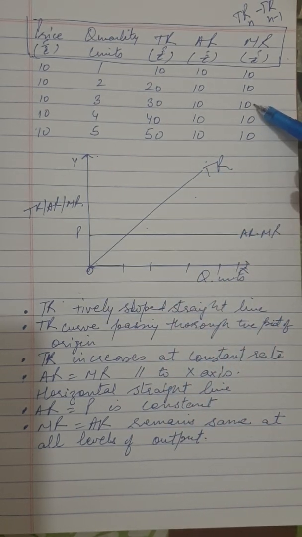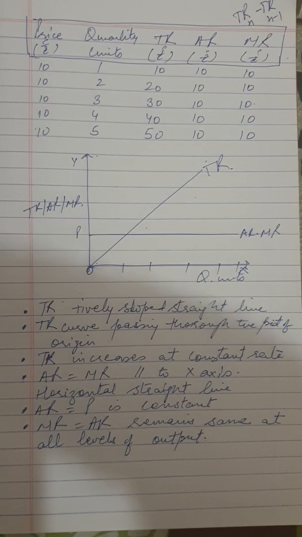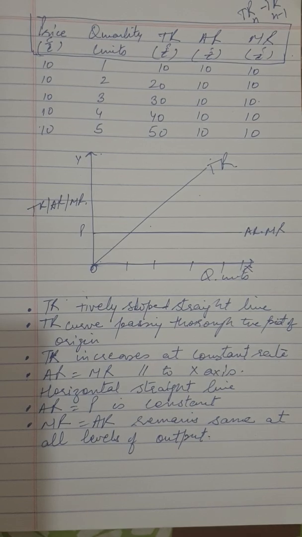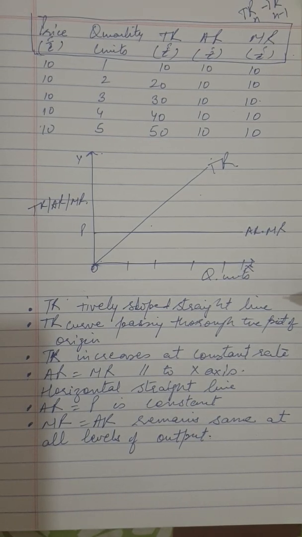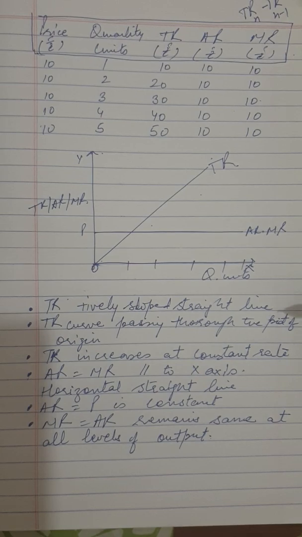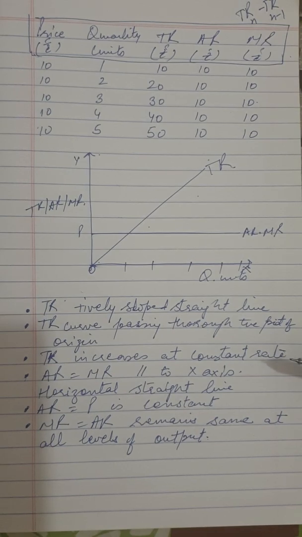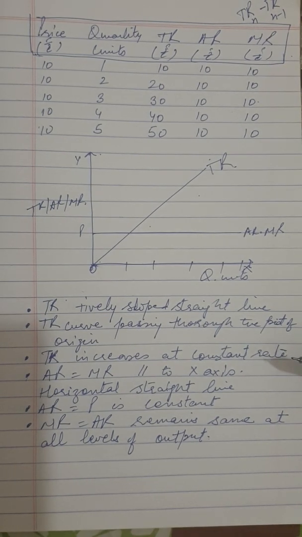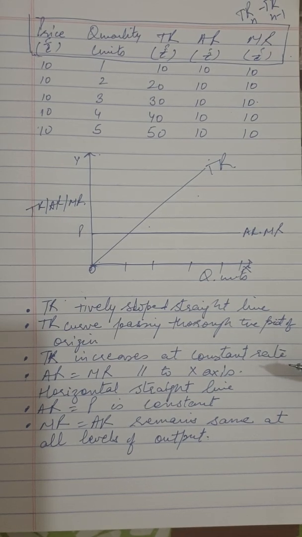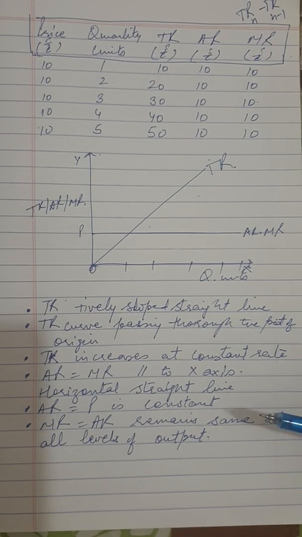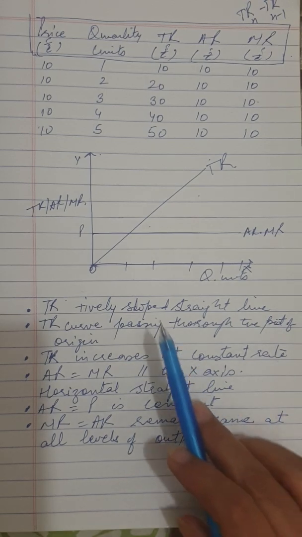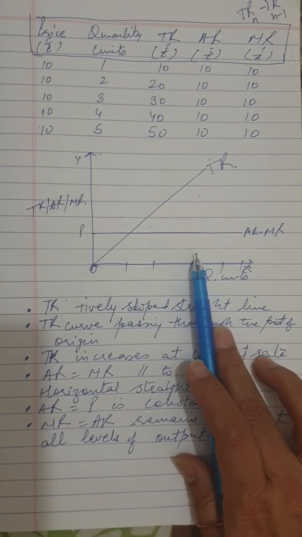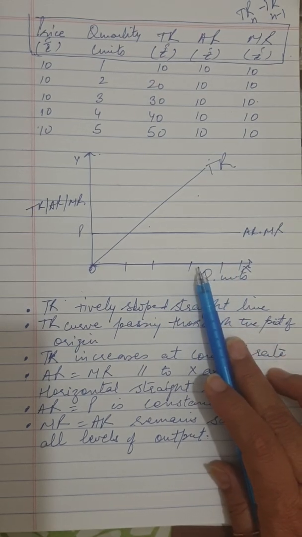Because price is constant, AR is constant, and MR is also constant, because the price is fixed by the market forces and it remains the same throughout. So price is fixed, price is equal to AR is equal to MR. TR increases at a constant rate because MR is constant. So this happens under perfect competition. MR is equal to AR and remains the same at all levels of output or sale.